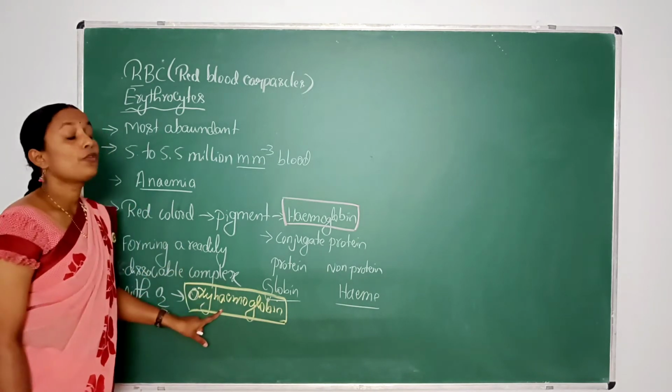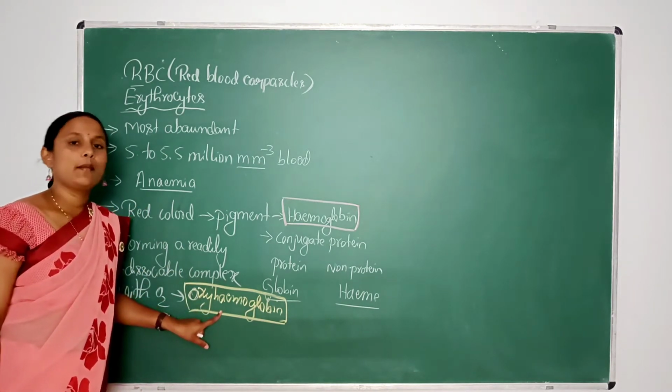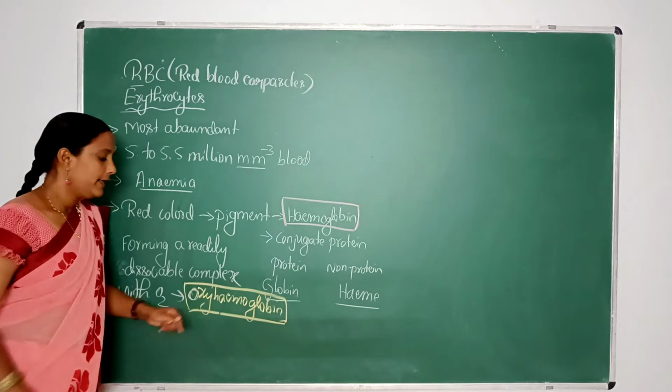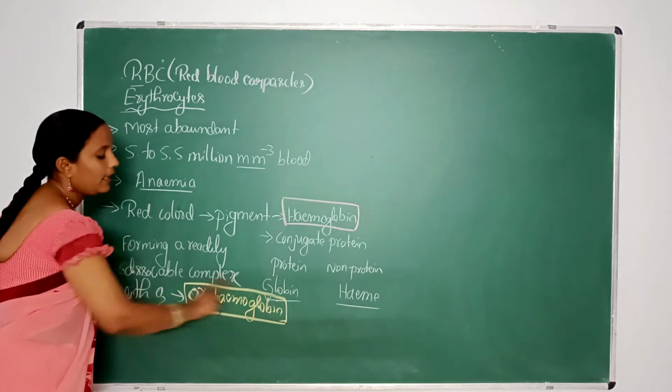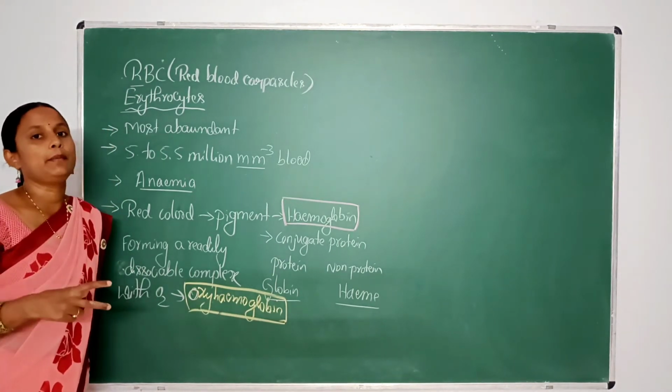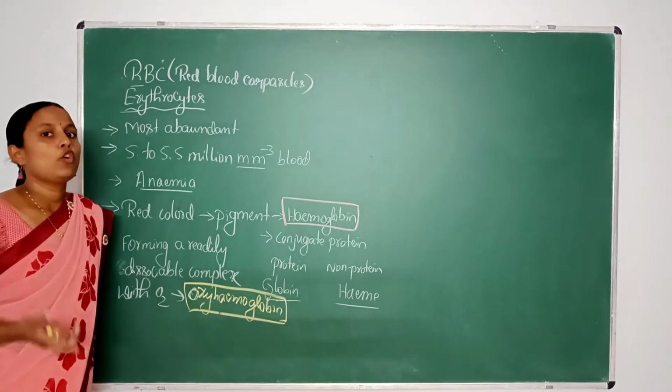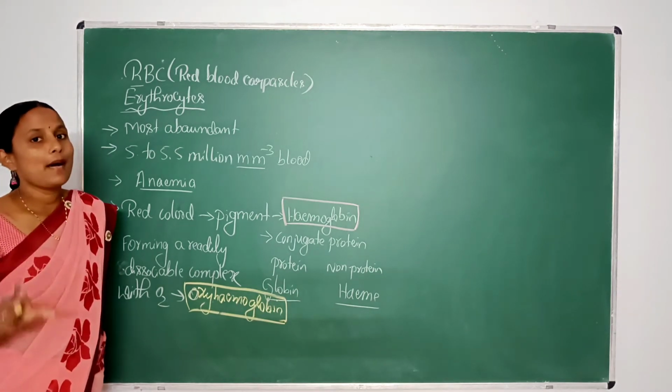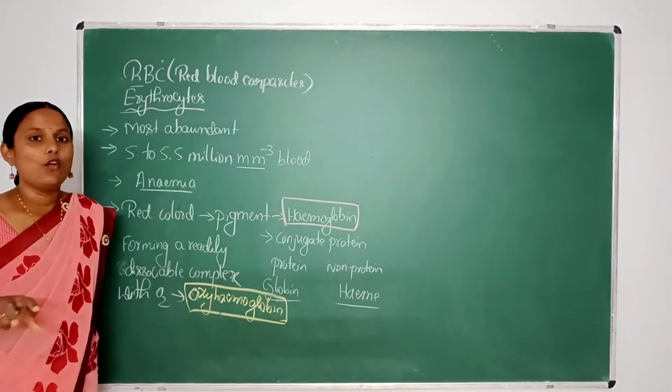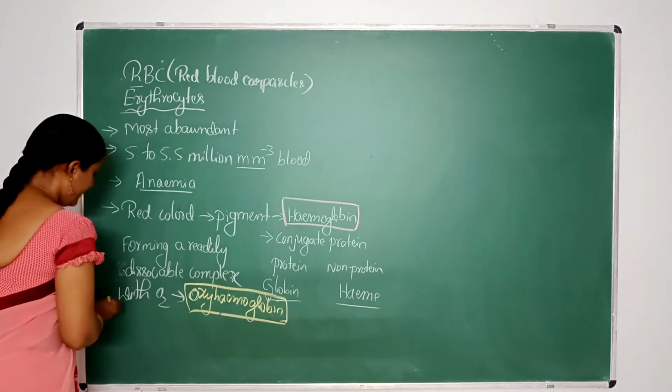That's why it should form a dissociable complex. And so this oxyhemoglobin is capable of carrying the oxygen to each and every cell of our body.